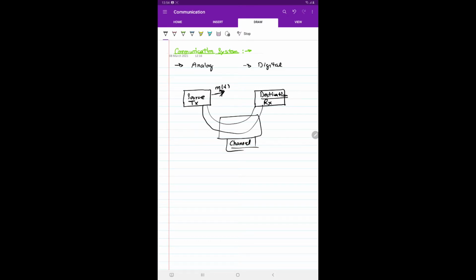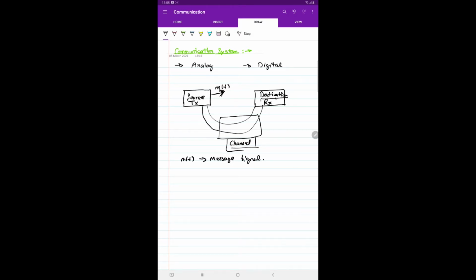So we will use the term MSG for message signal, and we use TX for transmitting end and RX for receiving end.